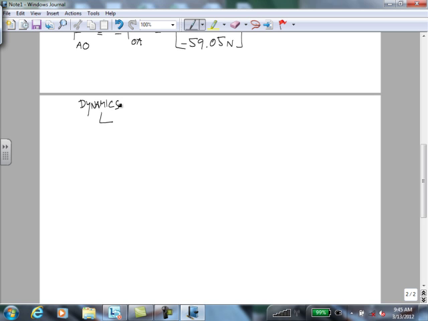Okay, so this is dynamics. And we're working on rigid body kinetics. And we're about to use rigid body kinetics to solve linkages. Linkages are rigid bodies connected by joints.